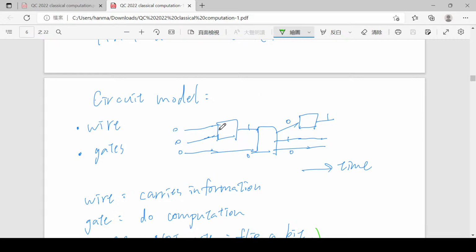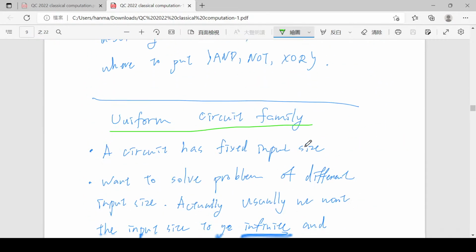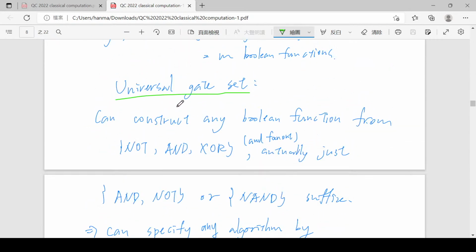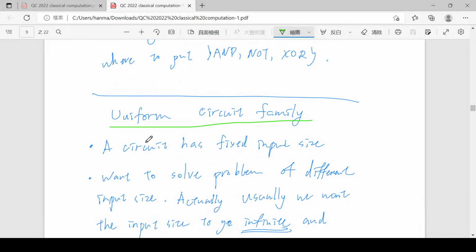We will replace those gates with quantum gates, and we'll assume those wires are going to carry quantum information. Okay, so that's circuit model, and some complexity theory around them, the universal gate set, and the uniform circuit family.